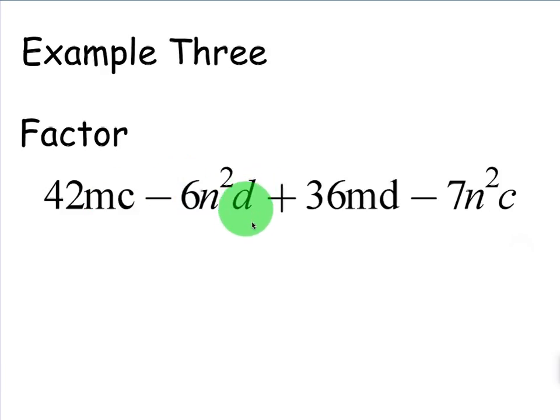It's going to be -6n squared d minus 7n squared. Good. Okay, so he noticed that these both have n squared in them, right? Now the C and D are different, but that's okay. We can pull an n squared out and it should work.